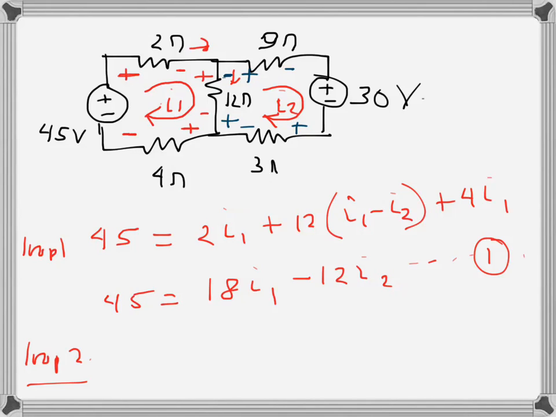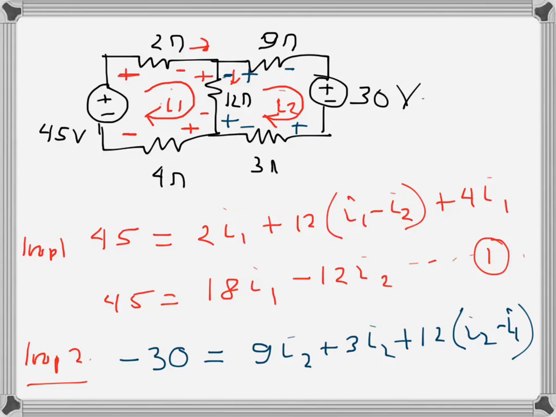If I go in the counterclockwise direction, the 30 volt is also a drop, so on the left hand side that will be a negative sign: 9I2 plus 3I2 plus 12(I2 minus I1), equals minus 30.